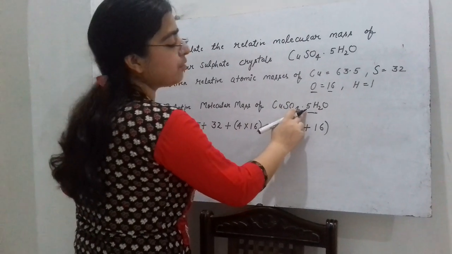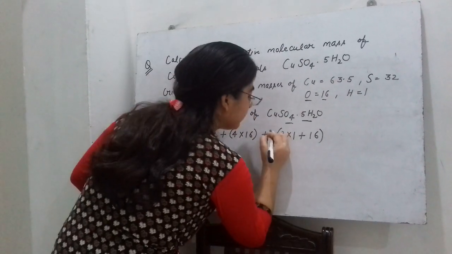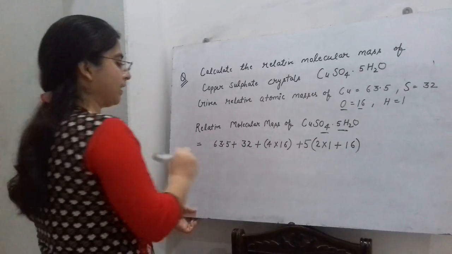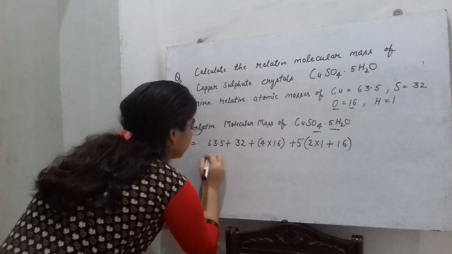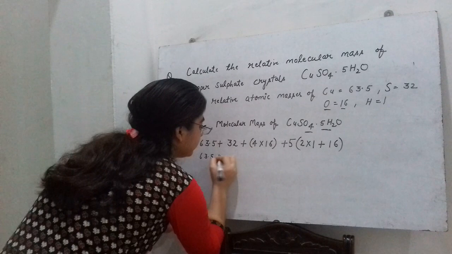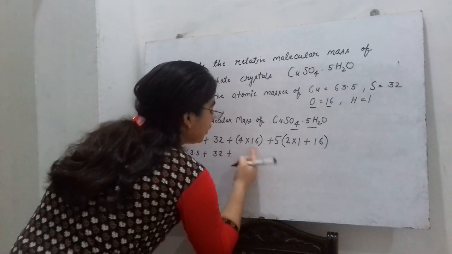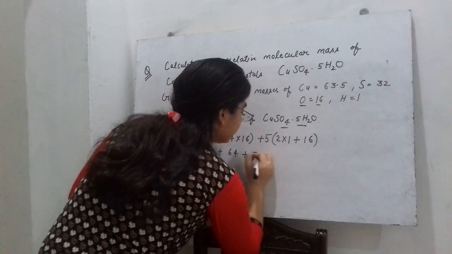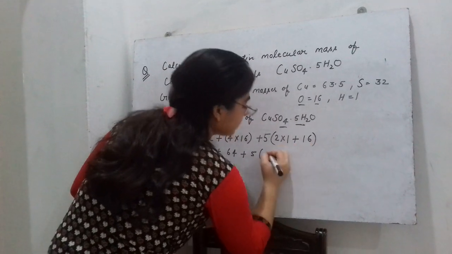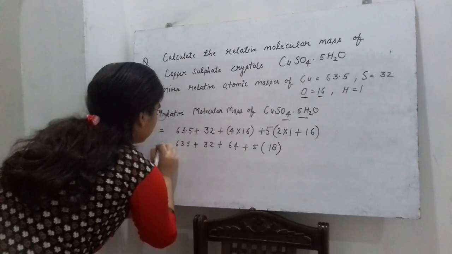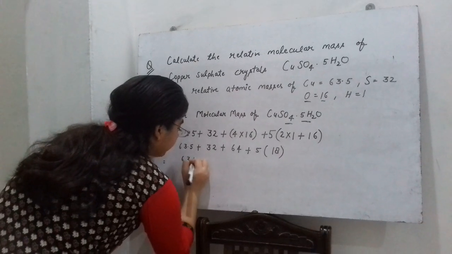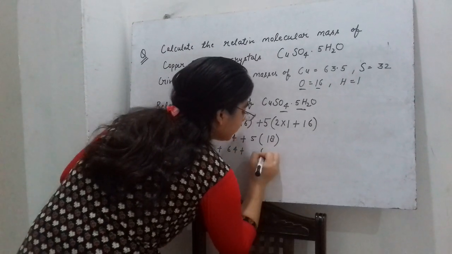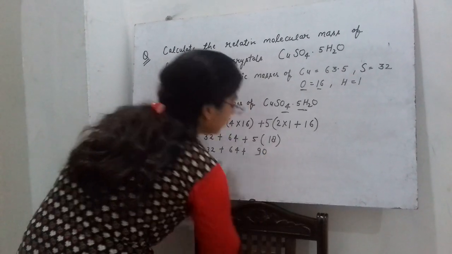But here 5 molecules of water are present. So we will multiply by 5 in order to calculate the total mass. Now we will solve it. 63.5 plus 32, 4 into 16 is 64, plus 5 times, 2 into 1 is 2, 2 plus 16 is 18. So 63.5 plus 32 plus 64, plus 5 times 18 is 90.